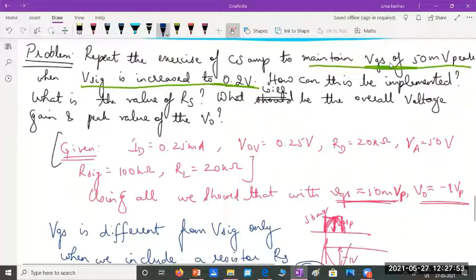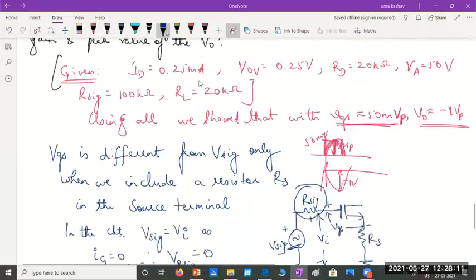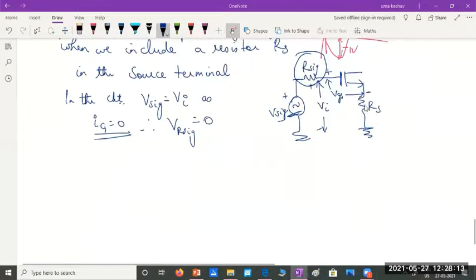Remember, for small signal operation, I need to work with low levels of gate source voltage or input voltage so that there is no distortion in the operation. So to maintain a lesser VGS in spite of increase in the signal generator voltage, it is possible if I include a source resistance in this circuit.